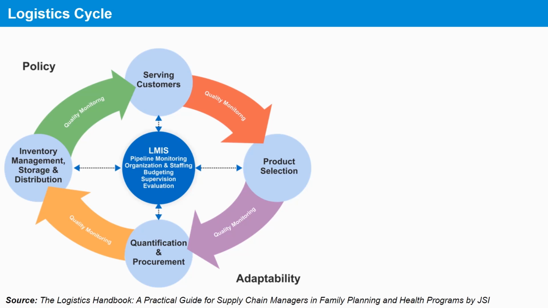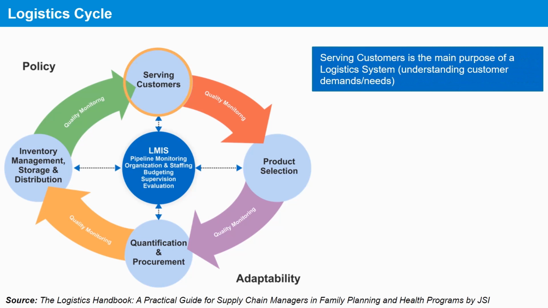We'll discuss each component one by one, whether they are couples choosing a family planning method or pharmacists selecting the most effective drug. Serving customers is the main purpose of a logistics system. Understanding customer demands or needs is essential as they should inform product selection, the next part of the logistics cycle.